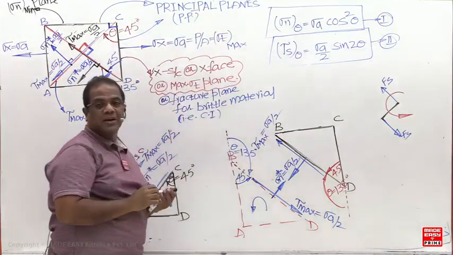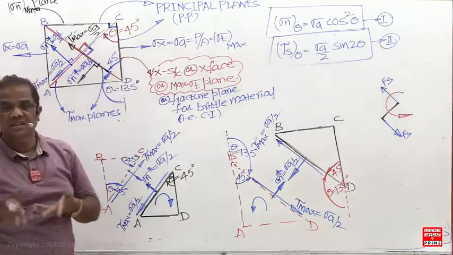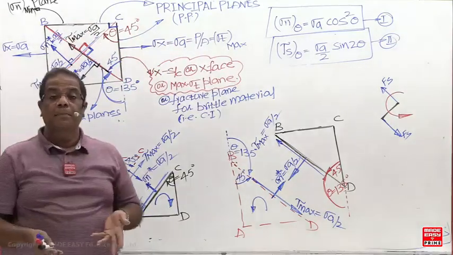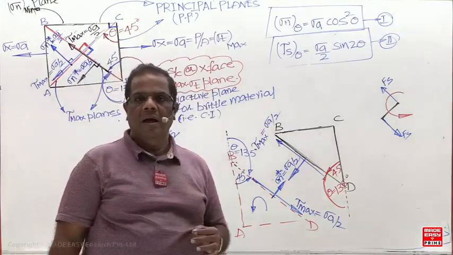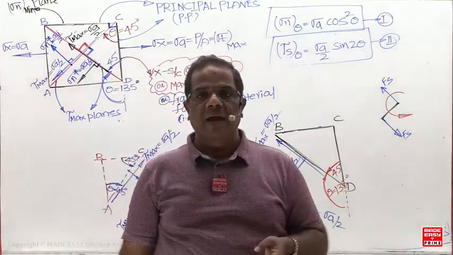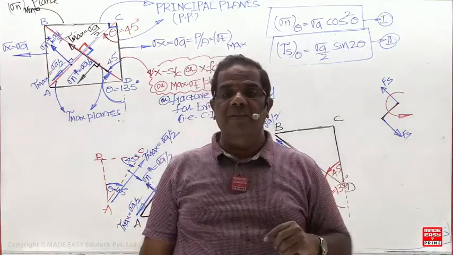But some students will write principle. It is not principle. We are not studying any principle here. It is principal. At a point, how many planes are there? At a point, infinite planes are there. But what is the specialty of the principal plane?